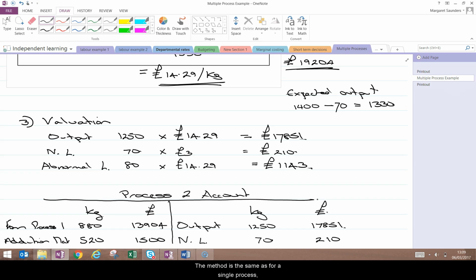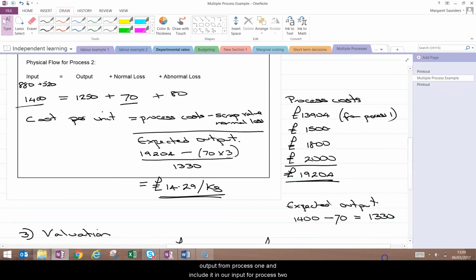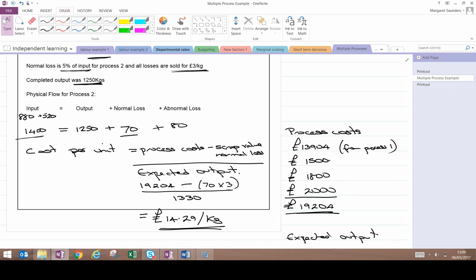So the method is the same as for a single process, the difference being that we need to remember to take our output from process 1 and include it in our input for process 2. And then we proceed the same as a single process account. So that finishes this recording that explains your multiple processing.